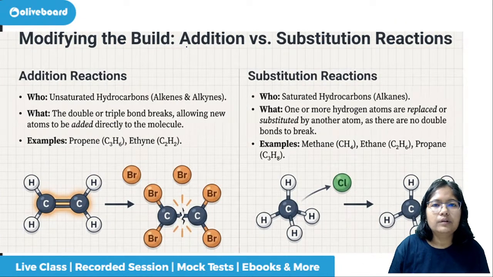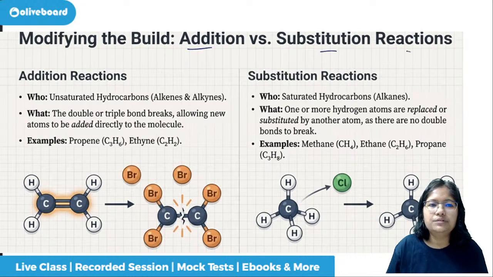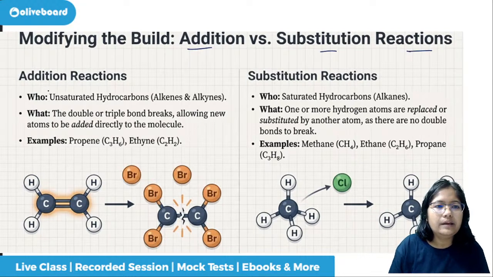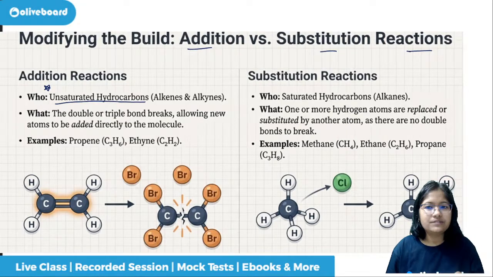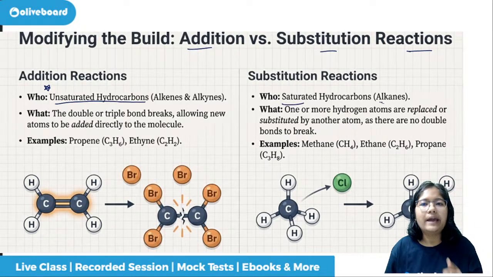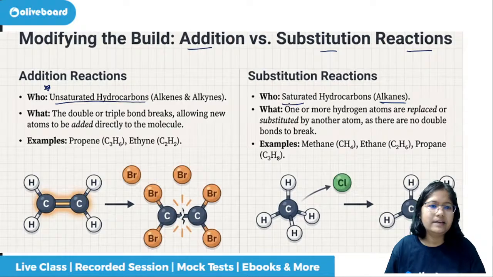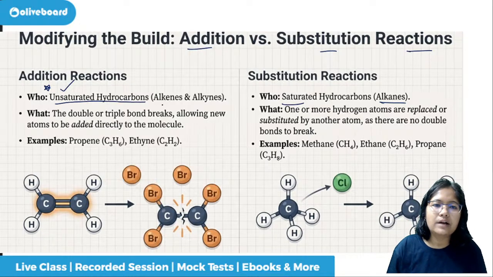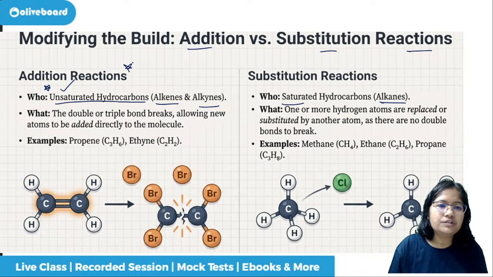Now coming to addition and substitution reaction. In case of the unsaturated hydrocarbons, we have seen S for saturated, S for alkanes, S for single, right? And unsaturated hydrocarbons means alkenes and alkynes. In case of addition reaction, the double or triple bond can break, allowing new atoms to be added directly.